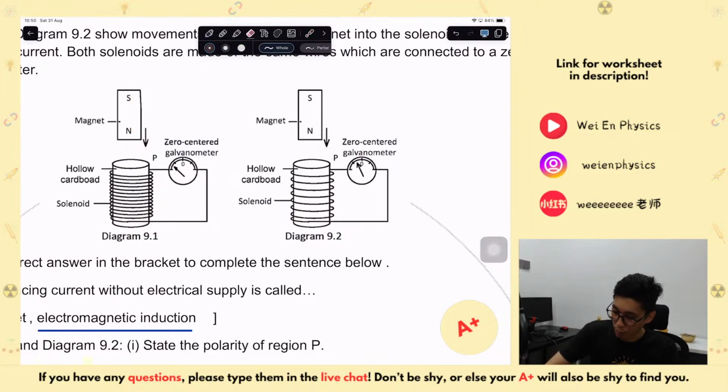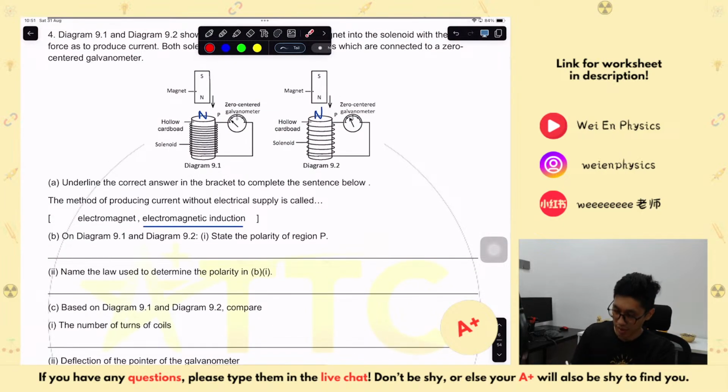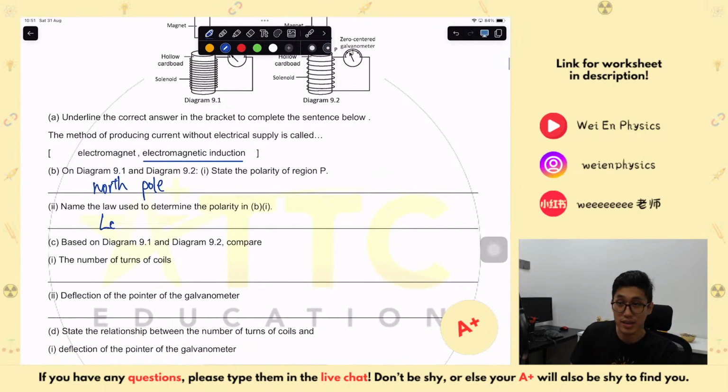If let's say you're trying to pull away, I will quickly change to south, because I want to pull you back to stop you. Okay? So right now both of these will be north, because both are trying to come in and I'm trying to stop them. So both are North Pole. The law to determine this, just now I said, is Lenz's law.